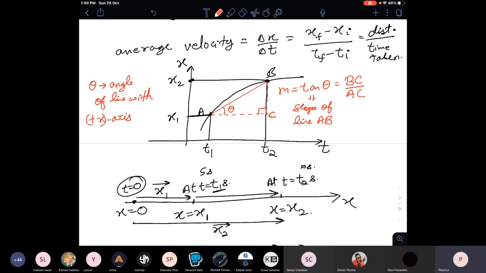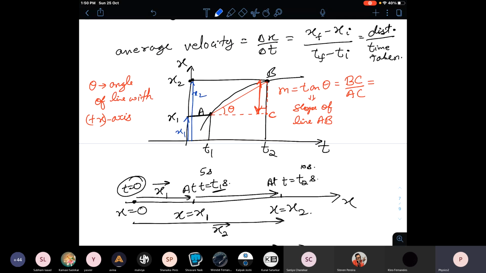Now let's see what is the length of BC in terms of x1, x2 or t1, t2. If you see here, this length is x1, this length is x2.